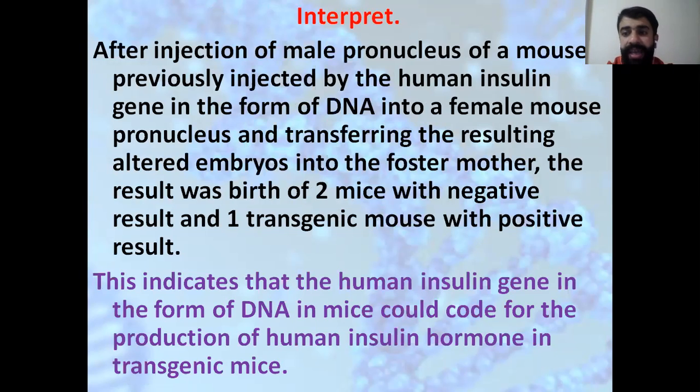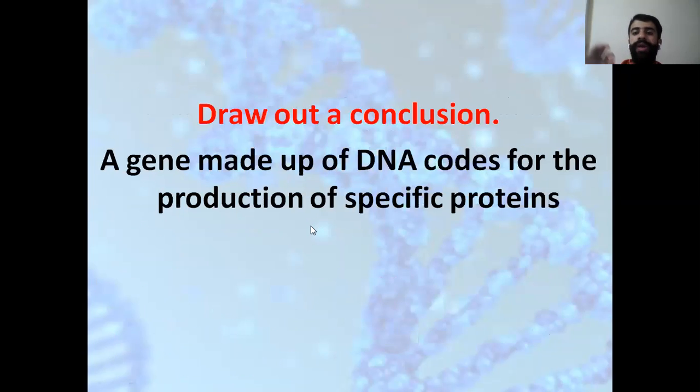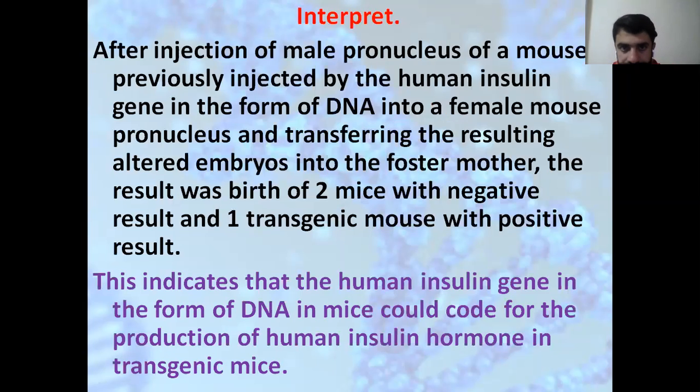So what does this indicate? This indicates that the human insulin gene in the form of DNA would code for the production of the human insulin hormone in the positive result, in the transgenic mouse. So we can deduce as a conclusion that the gene made up of DNA codes for the production of specific proteins such as insulin.